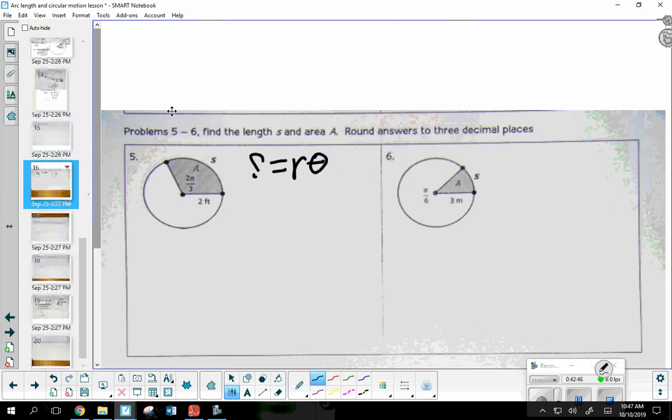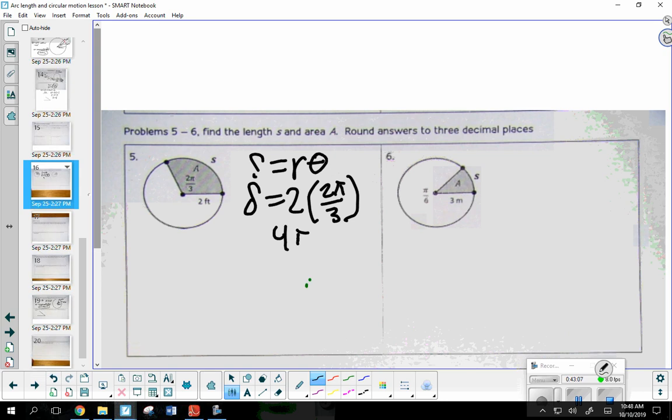And then theta is already in radians, 2 pi over 3. So now that would be 4 pi over what? 3. Okay, let's just type that in.